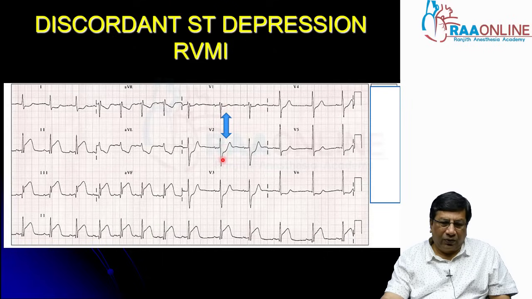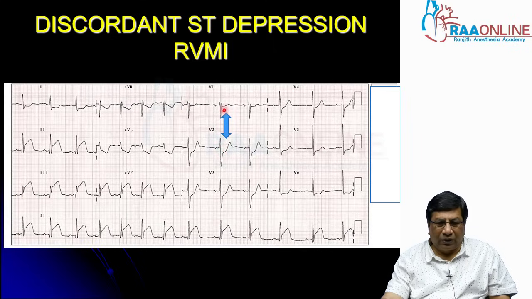Whereas V2 is a purely anterior lead, so there is no impact of right ventricular infarction on V2. V2 will show only the reciprocal ST segment depression of the posterior injury, and not the influence of the right ventricular infarction.